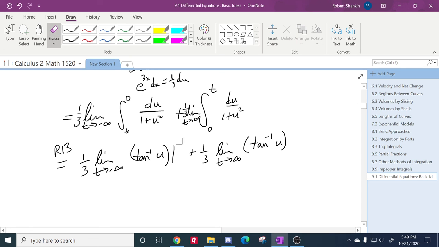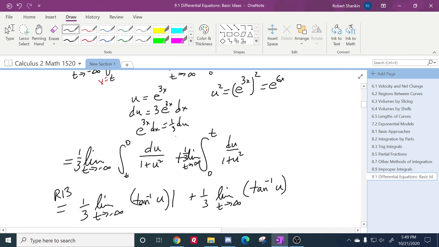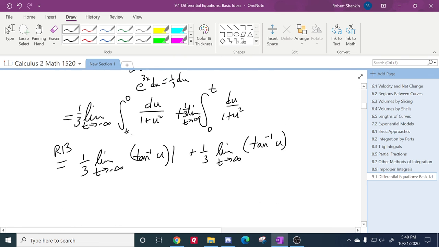When we get down to here, we probably need to be changing this to make it go quicker. Let's make these u equals. So u is equal to e to the 3x. When we substitute t in, we're going to get u equals e to the 3t, and u equals e to the 0, which is 1. Okay.